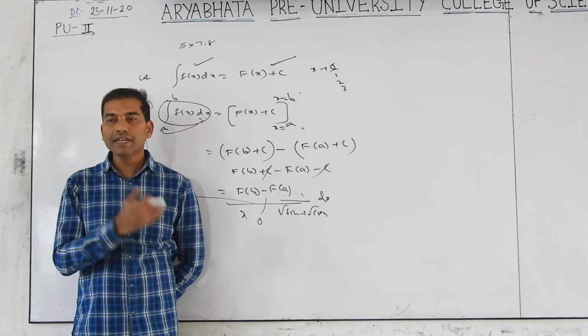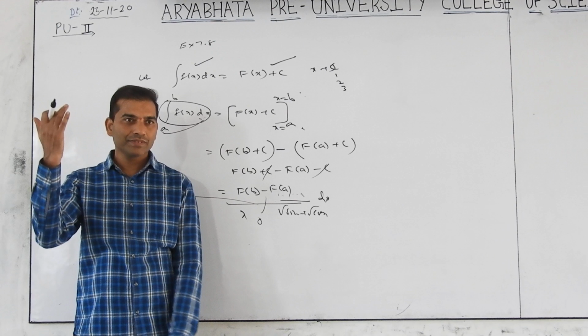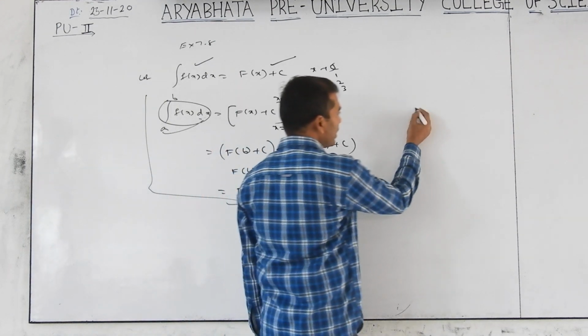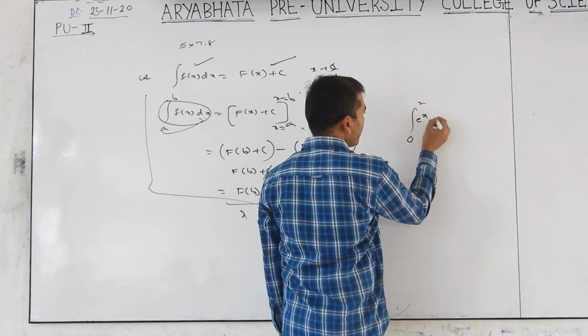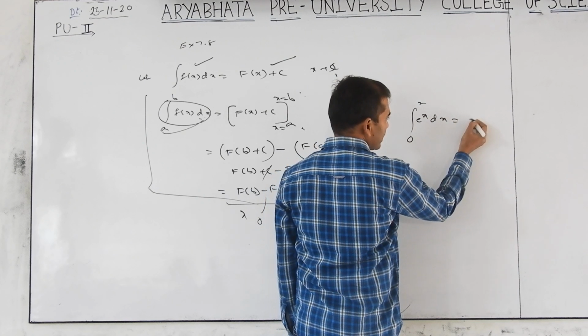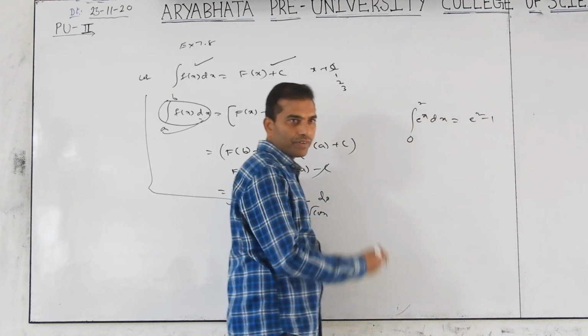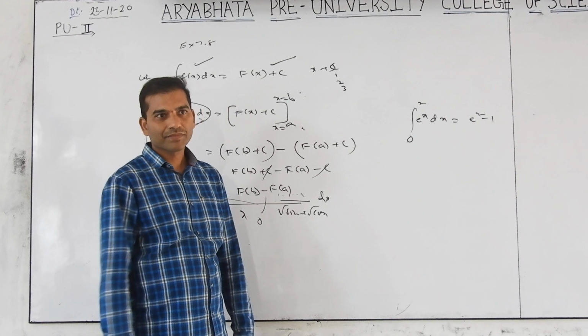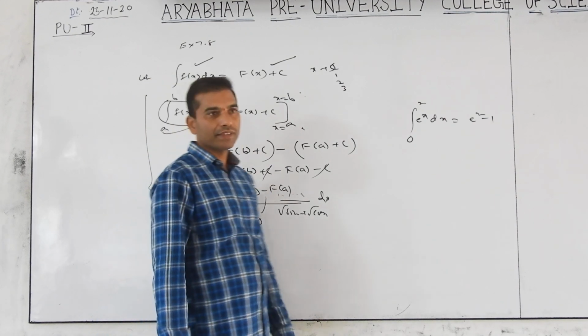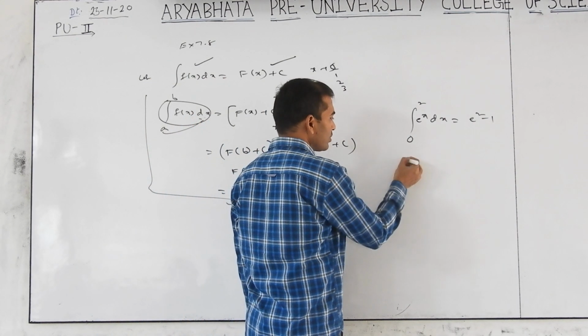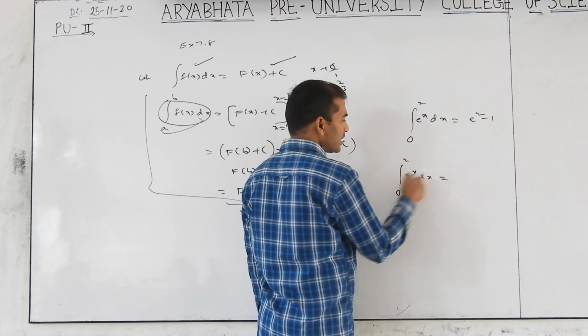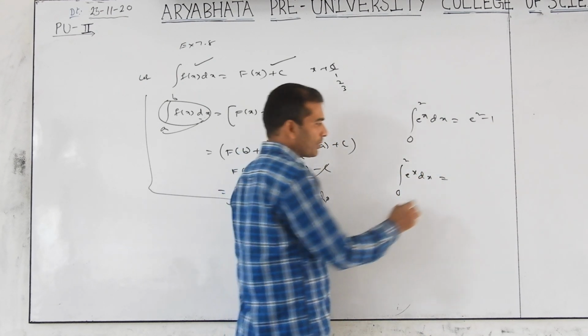Are you following? See, limit as a sum takes time. We have done integration of 0 to 2 e power x dx. This answer is e squared minus 1. We took minimum 3 minutes. Now by using the fundamental theorem of calculus, integration of 0 to 2 e power x dx. What is the integration of e power x? E power x.